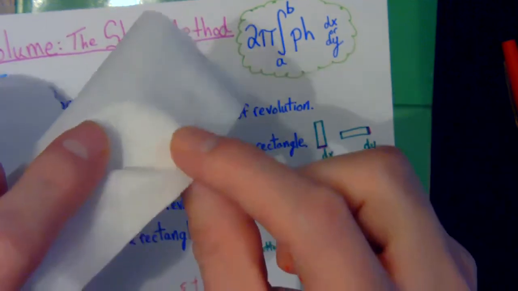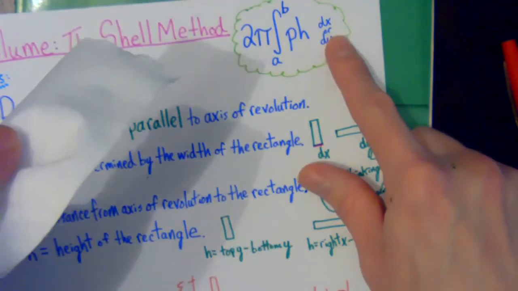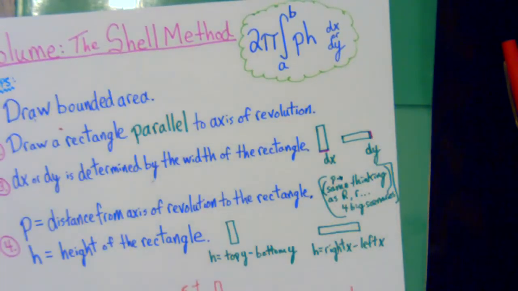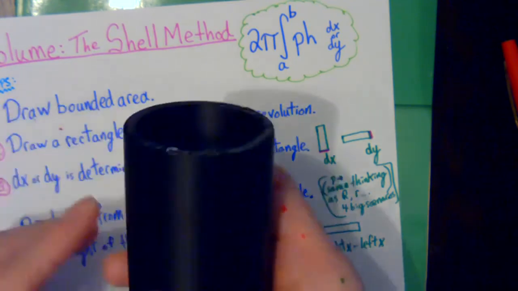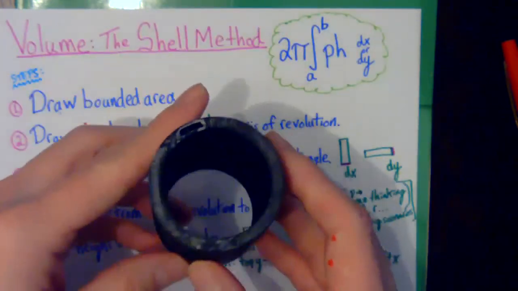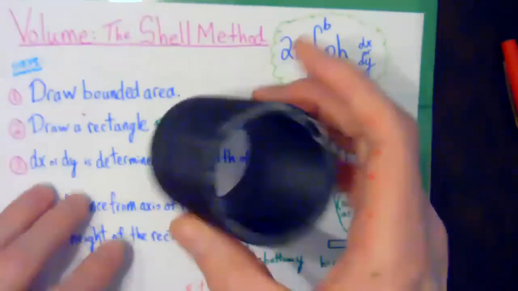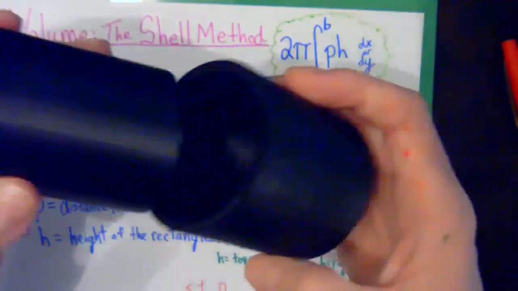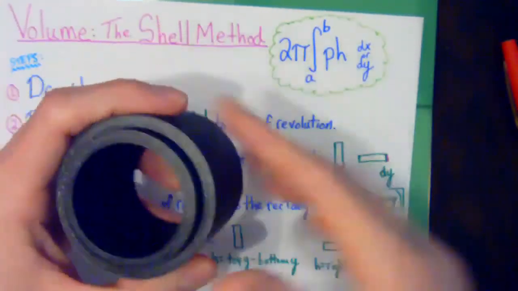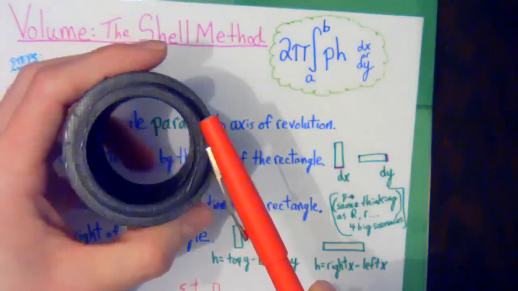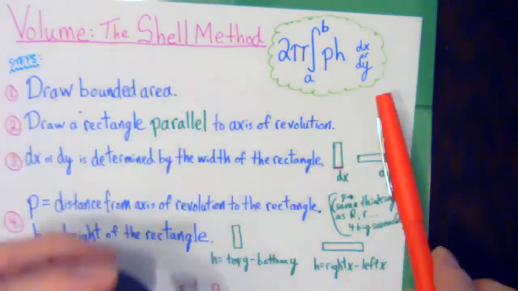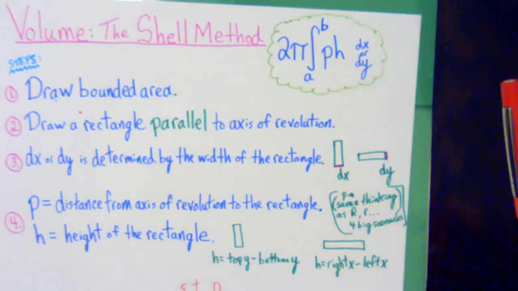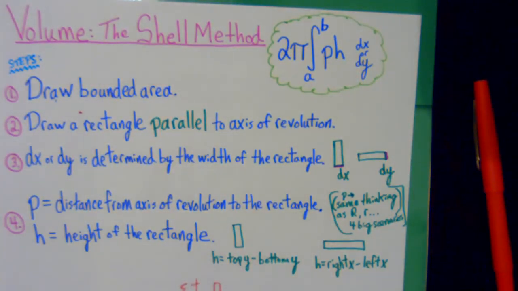That little width right there is the dx or the dy part, creating that 3-dimensional shape. All these cylindrical shells have that width to them. That's the part that turns it into the volume, a 3-dimensional shape for us.